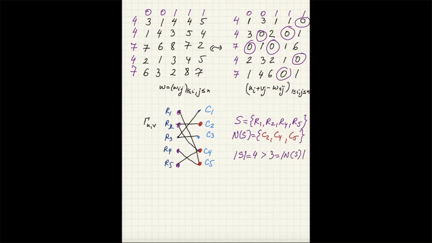So we do the same thing. We increase U_i by 1 for i in S, and we decrease V_j. No, the other way around. I'm sorry.